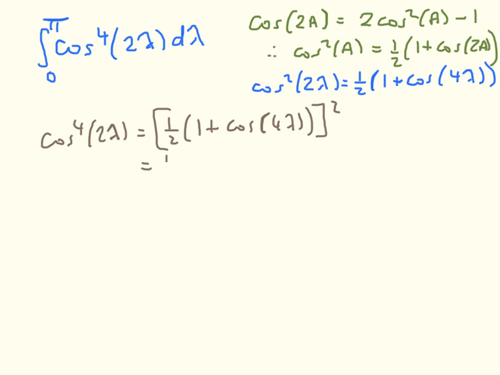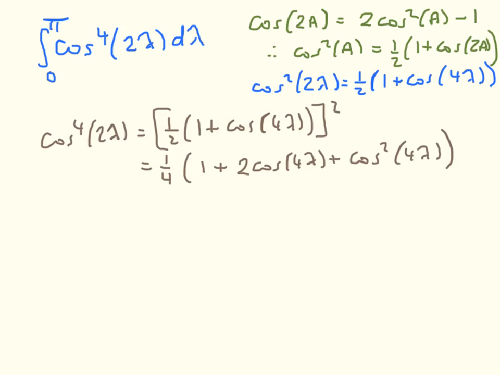So that is 1/4 because of the half squared. And now we just multiply this out. 1 squared is 1. The cross terms are going to be 1 times the cosine, but there will be 2 of them, so it's 2 cos 4 lambda plus cos squared of 4 lambda.